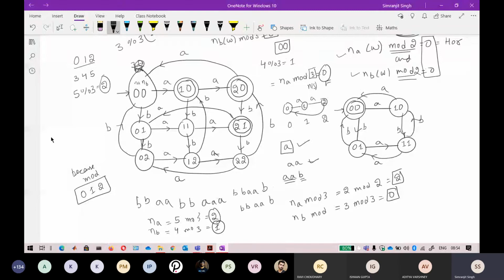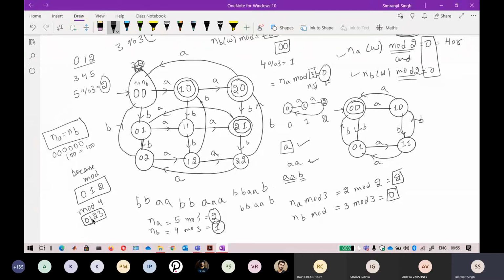Okay, so if you're seeing number of A's equal to number of B's, that is a tough one, because I have to check and remember every number. I have seen number of A's, any number of it can be 100. I have to remember I have seen 100 A's, and I have to again see 100 B's, only then am I able to accept this string. But in case of a mod question, if I am applying a mod 4, only the values 0, 1, 2, 3 are possible.